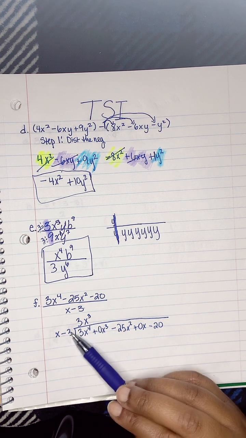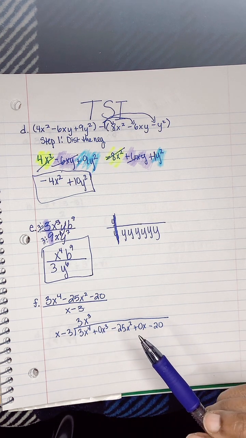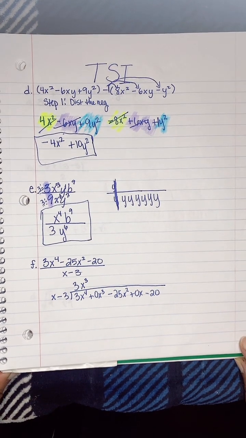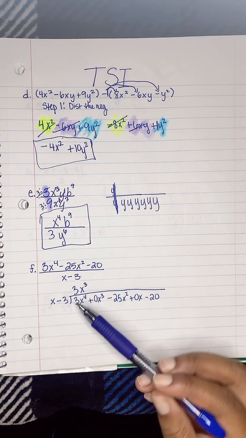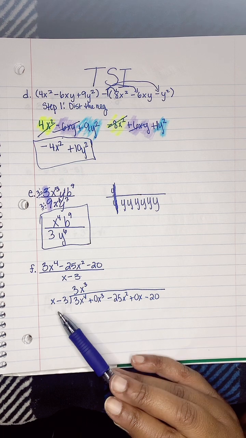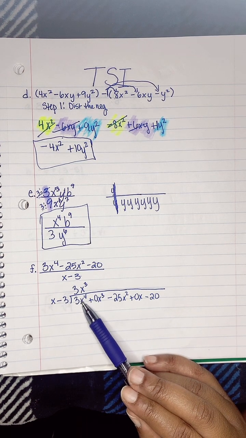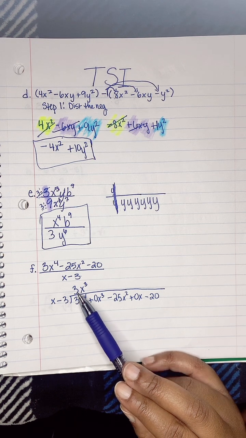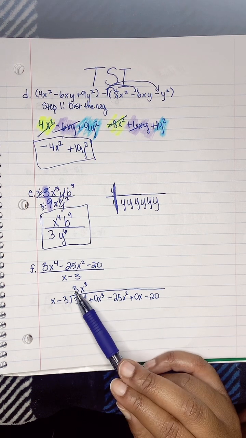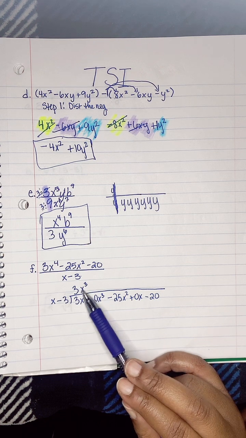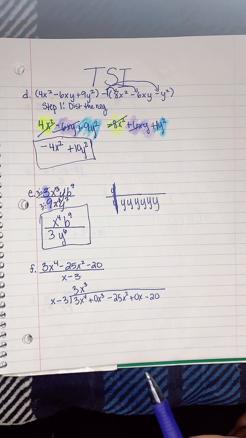Okay. Any questions on this part? Because this is like the hardest part. Oh, you can't see? Let me scoot it up a little bit. So I asked myself, what times x can give me this first term? Okay. So I said 3. I'm missing a 3 here. So 3. And I'm missing 3 more x's to get to 4.